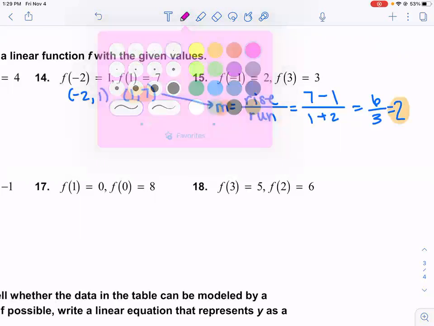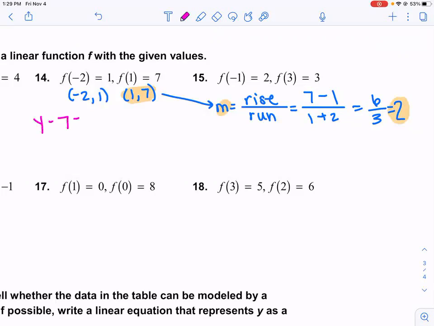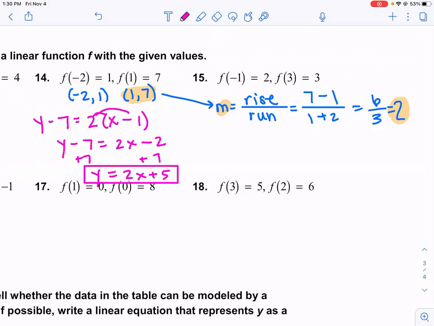Let's do it. Okay, so y minus 7 equals slope times x minus 1. So y minus 7 equals 2x minus 2. Add 7 to both sides, so 2x plus 5 is y.